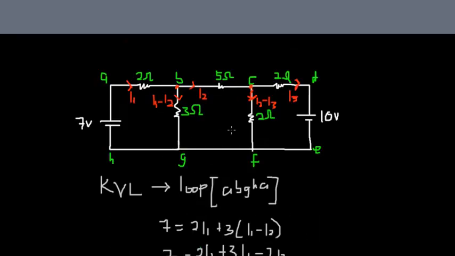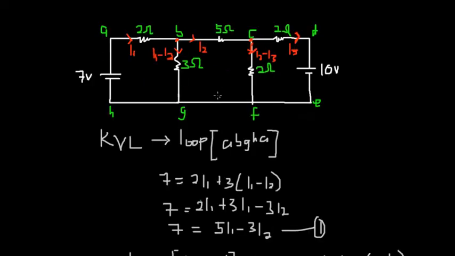So now the current will then move through this point, then pass through this point. So from here, when it reaches this point, the current will be I2 again. Let me clean this one up.